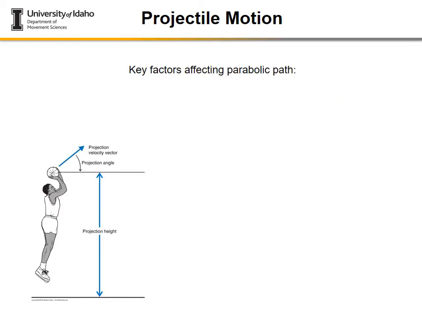But there are some key factors that will affect that parabolic path of projectile motion. One is that initial velocity. What you'll see here is the velocity represented as this blue vector, now becoming a red vector. That vector is that velocity.